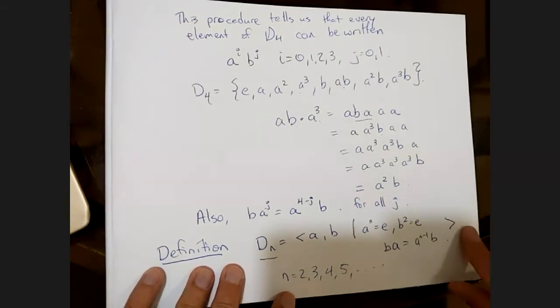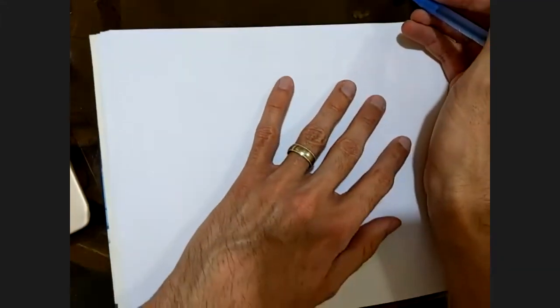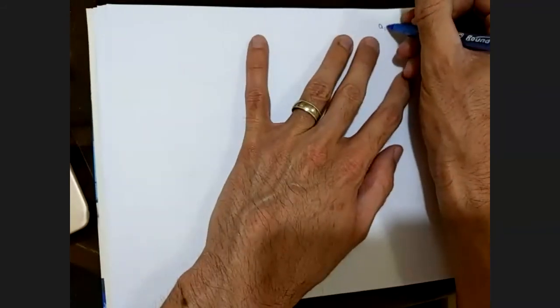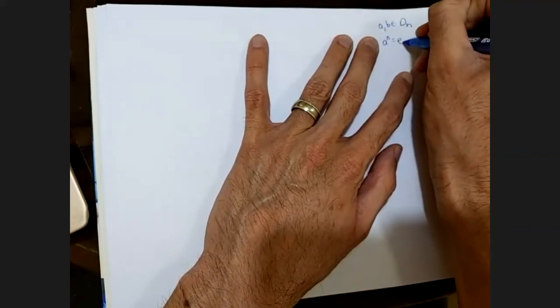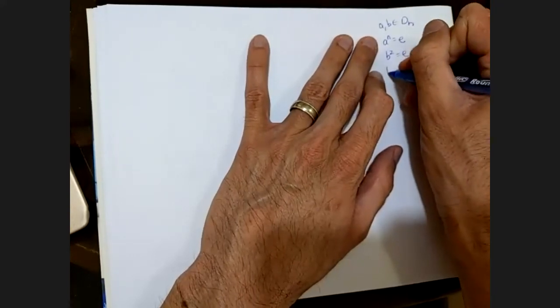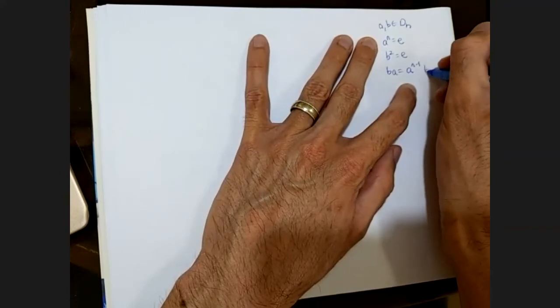So let me just summarize. Let me write the rules for Dn again at the top. Dn has two generators. A to the nth is the identity, B squared is the identity. And then in order to switch B and A, I replace A by A to the n minus 1.